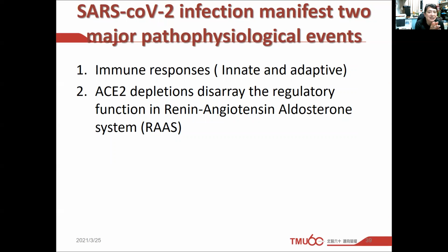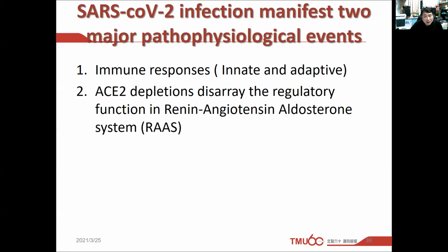Okay, once the SARS-CoV-2 infection is successfully set up, it will cause two major pathophysiological events. The first one, of course, will give the alarm to induce a severe immune response. This will cover both immune systems: the first is innate immunity, and the second is adaptive immunity.